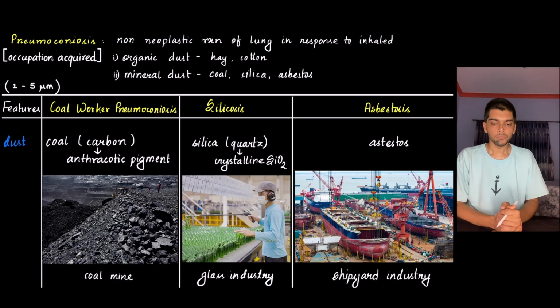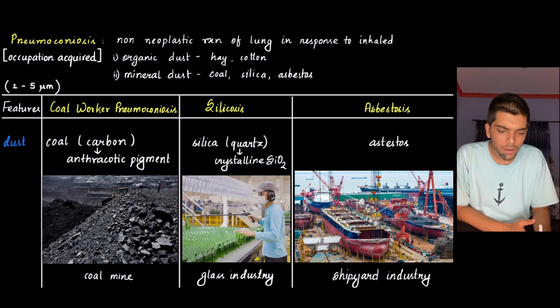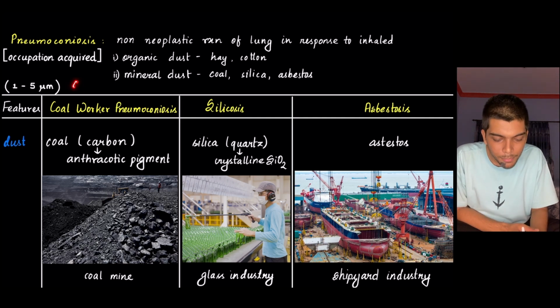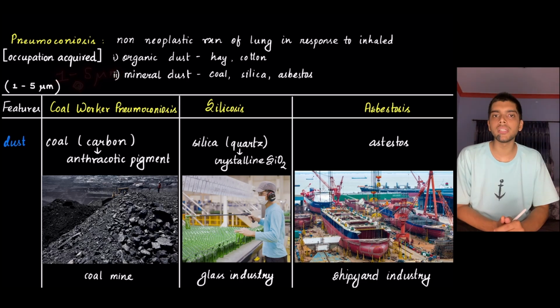All right. At a corner, you can see something I have written in bracket, right? What have I written? I have written 1 to 5 micrometer. What could it possibly mean? It is referring to the size of the dust particle. Dust particle 1 to 5 micrometer in diameter. What's the significance?